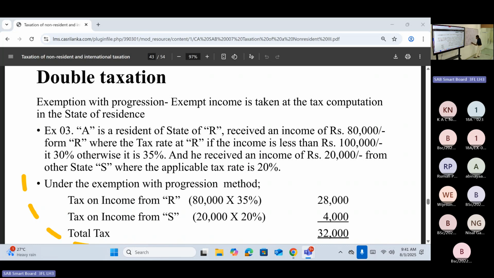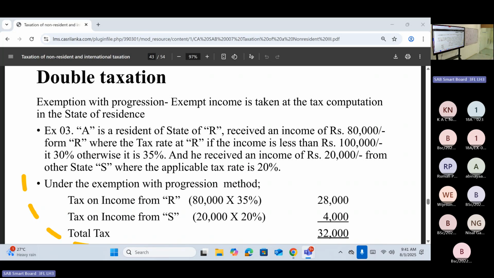Country S, anyway, he has to pay 20% on 20,000. So 39,000 he has to pay. Because he has a DTA, he has to pay only 32,000. Still he is getting a benefit.